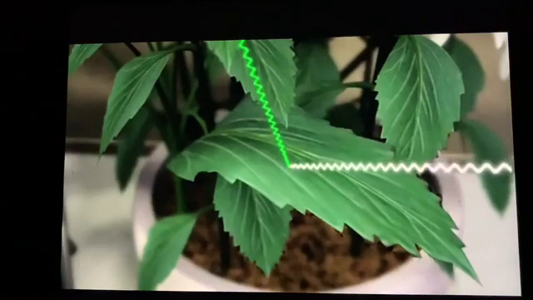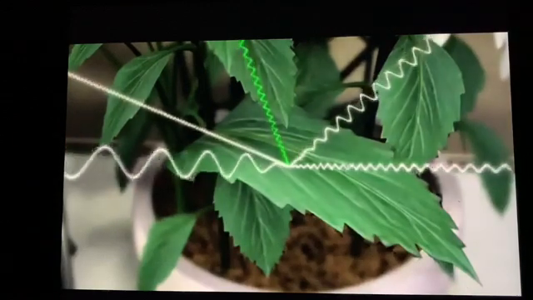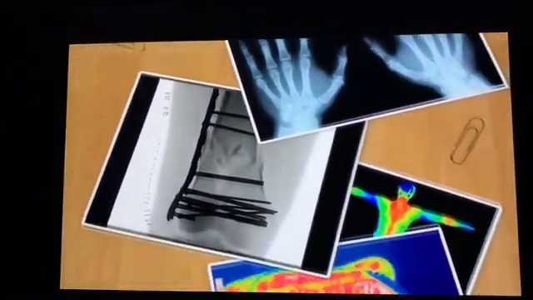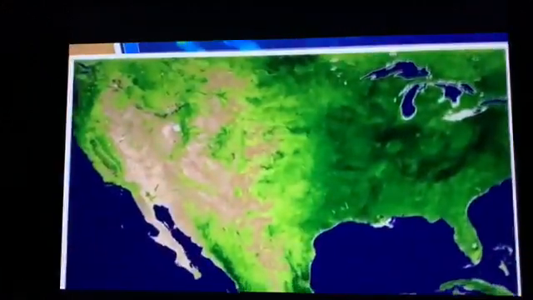Our eyes see the leaf as green, but cannot tell us anything about how the leaf reflects ultraviolet, microwave, or infrared waves. To learn more about the world around us, scientists and engineers have devised ways to enable us to see beyond that sliver of the EM spectrum called visible light.